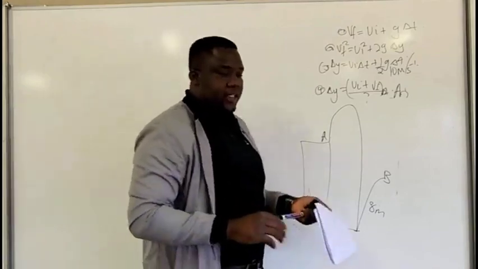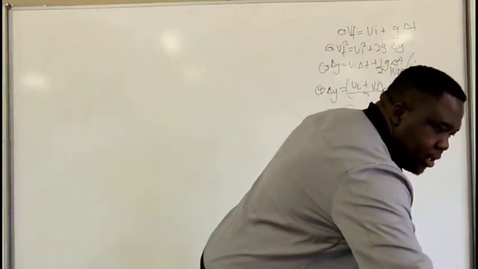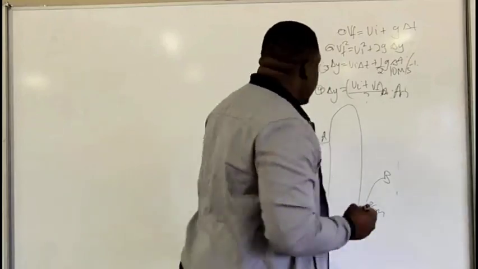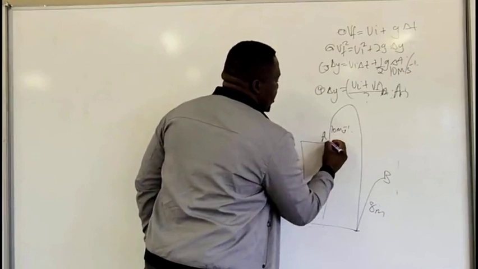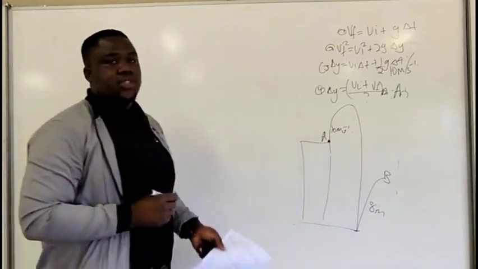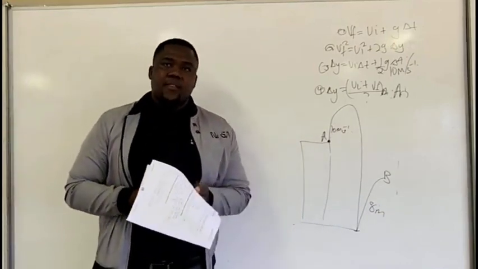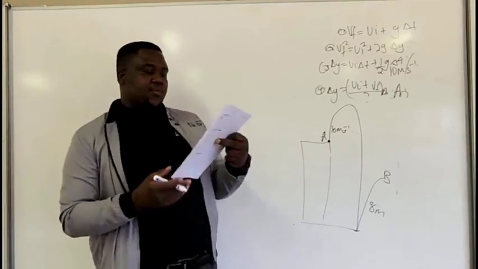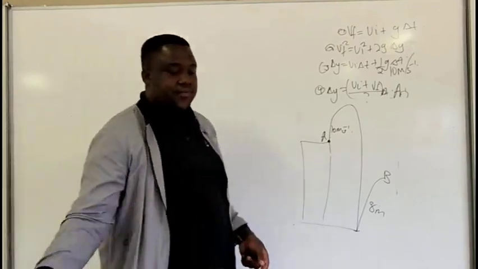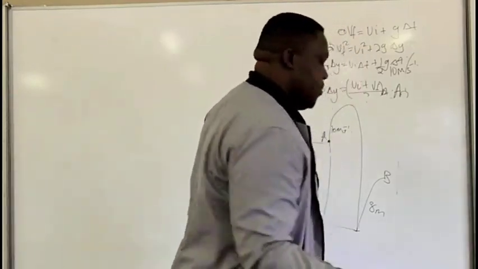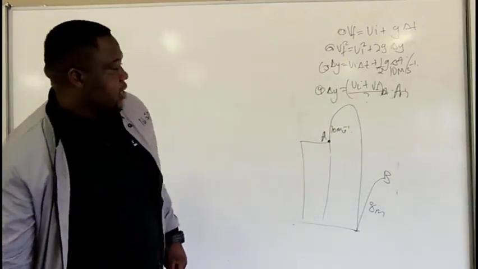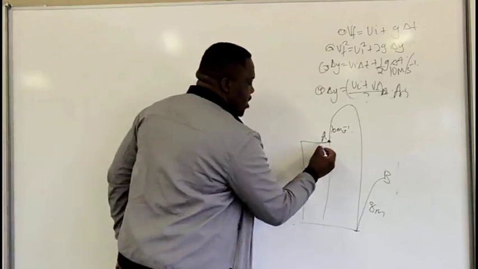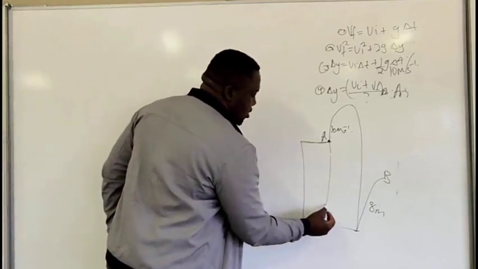The object went up at 10 meters per second. Okay, so let us do our theory application before we start to answer the question. The first question says calculate the height of the building. The question wants us to calculate the height of this building.